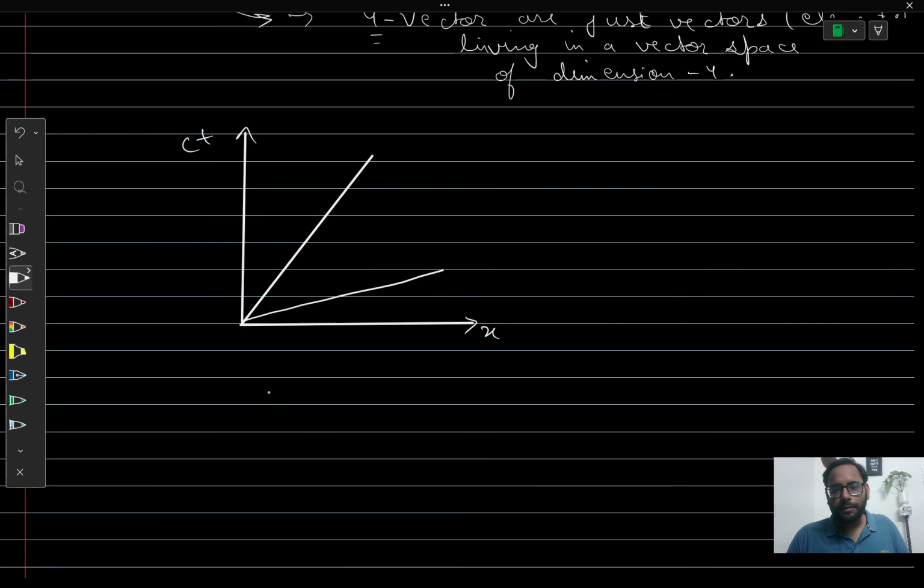It will be like this: S prime frame, this is ct prime, and this is x prime. Okay, just consider 2 points here, and what do these 2 points represent in this ct-x graph? These represent events. Points are equivalent to events, right?